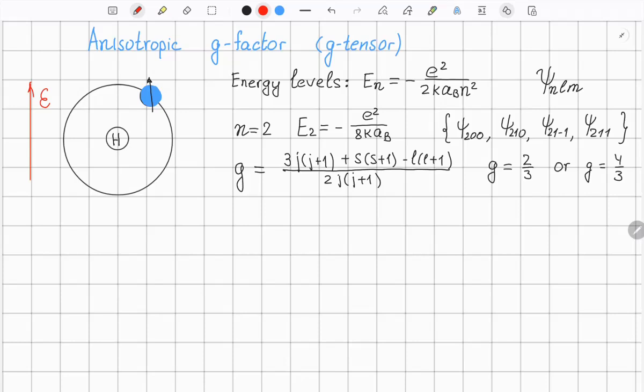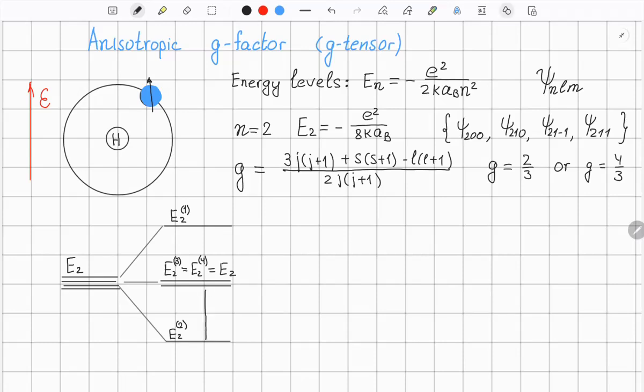In the case of the Stark effect, the fourfold degenerate level corresponding to n equal 2 splits into three sublevels as shown in the figure. One level shifts upward, another downward, while the remaining two levels stay unchanged. The energy separation between these sublevels is proportional to the strength of the electric field E.